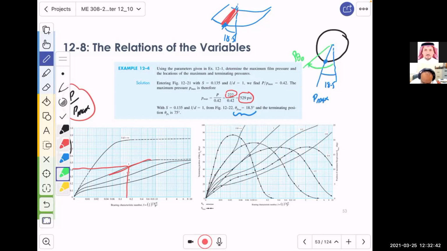This angle is measured 75 degrees. This is the angle, ya shabab, where, when Raimondi and Boyd analyzed the pressure distribution, they realized that there is a point after which the pressure becomes negative.